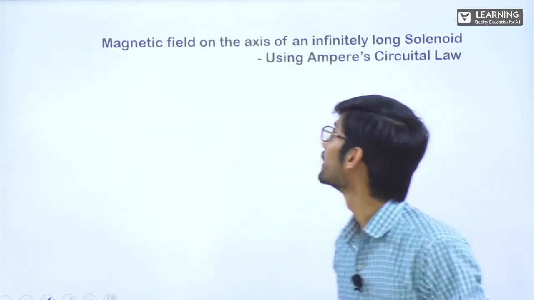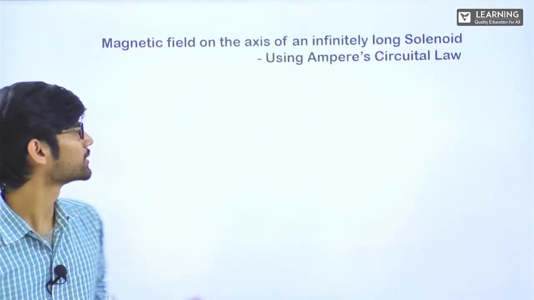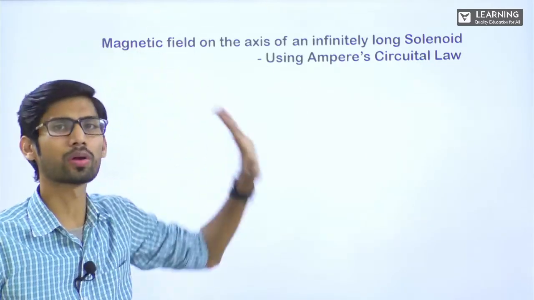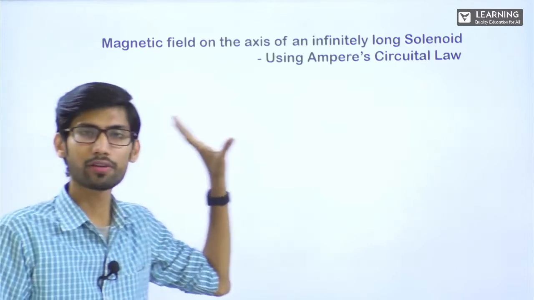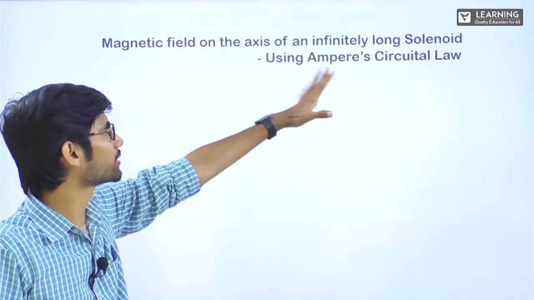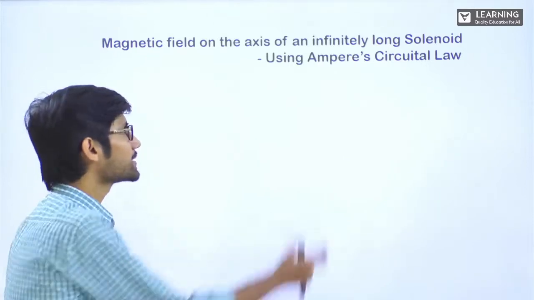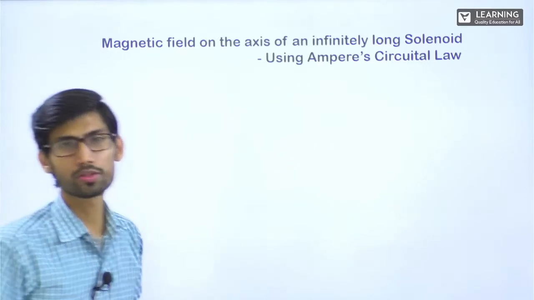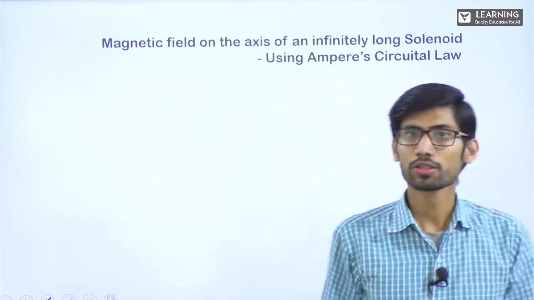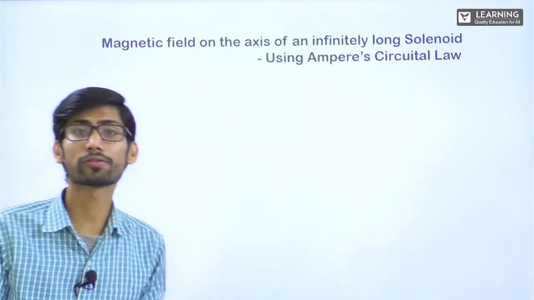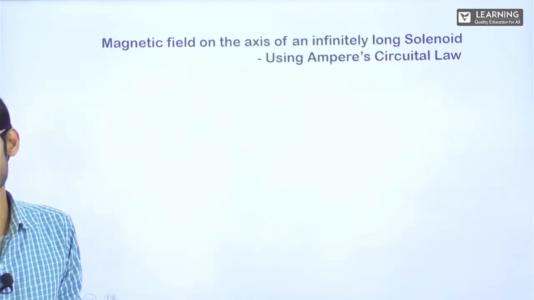Next, magnetic field on the axis of an infinitely long solenoid using Ampere's Circuital Law. So now the solenoid is over. Formulas are only this much. We have got everything. This is just a revision of the same formula by a different method. Since it is Ampere's Circuital Law, we can use it only where there is a high order of symmetry. So we will not use this for a finite length, because for a finite length, complete symmetry is not there.